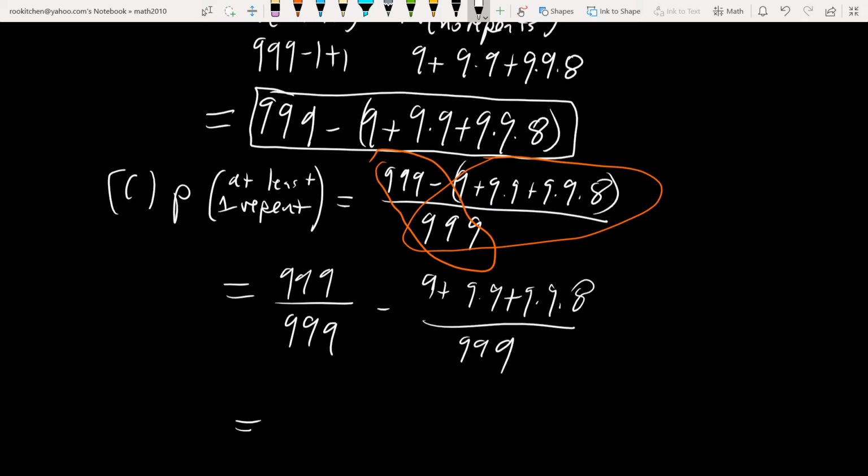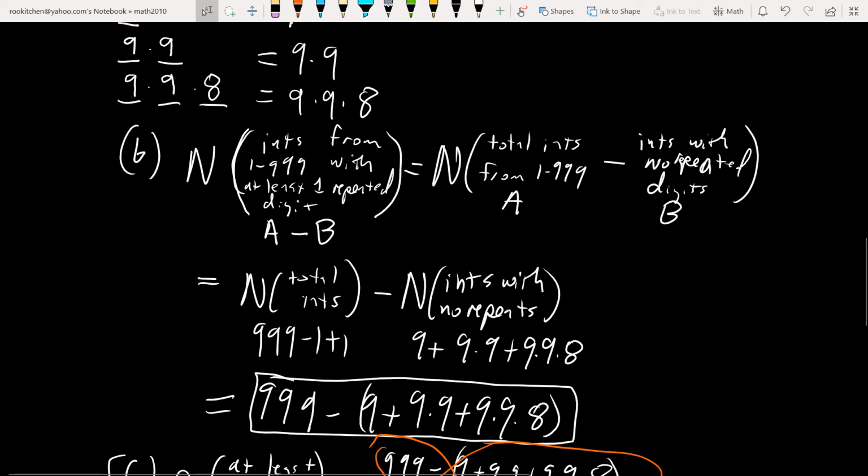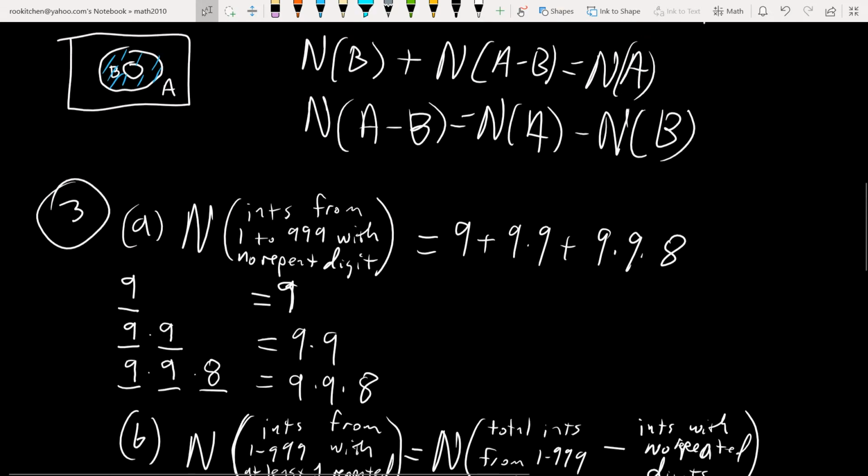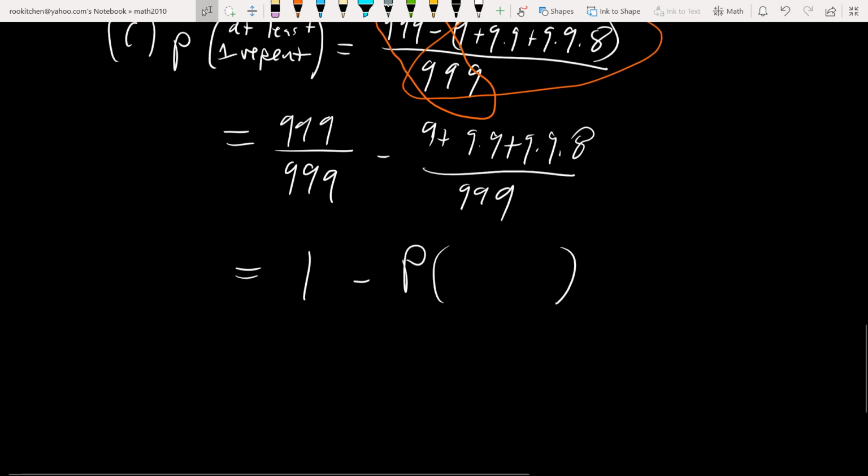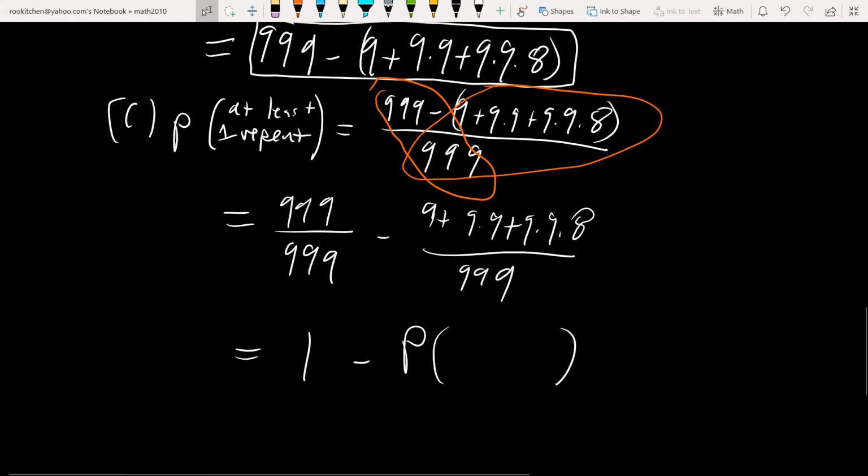The first fraction is just 1, right? And then the other guy, what the heck is that thing? That's just the probability of picking an integer with no repeats.